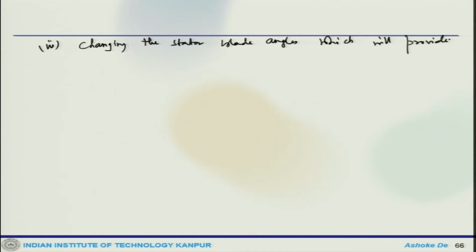Now, another possibility during starting is that you can change the stator blade angles, which will provide a beneficial variation in alpha 1. That causes the right change in Vz.